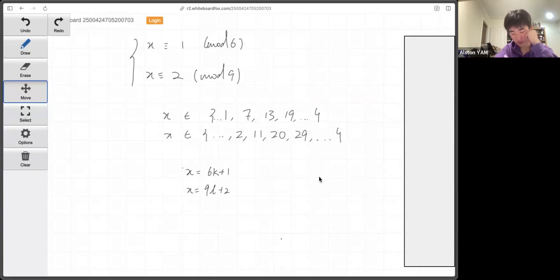Now, these two are equal. So if we write 6k plus 1 is equal to 9l plus 2, that will be the same as saying 6k is equal to 9l plus 1.